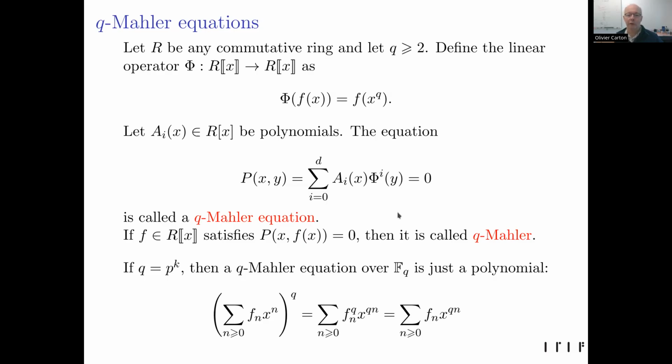So it looks different from algebraicity, but actually in a finite field it's quite the same, because if we have a power series, the sum of f_n x to the n, and we raise that power series to the power q in the field F_q, then because we are in the finite field F_q, the sum to the power of q is the sum of the elements to the power of q, so we get f_n to the q times x to the qn, and also f_n to the q in F_q is equal to f_n, and therefore we get exactly the same power series where x has been replaced by x to the q.